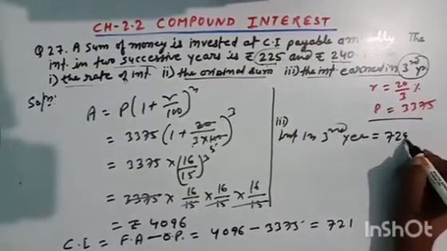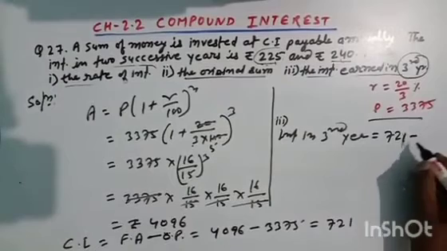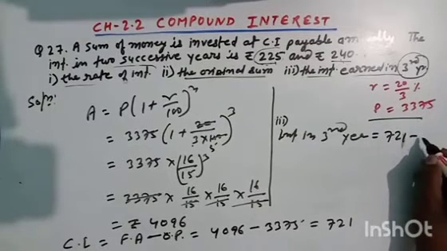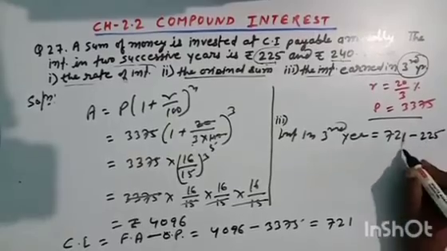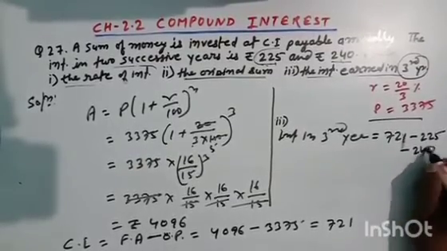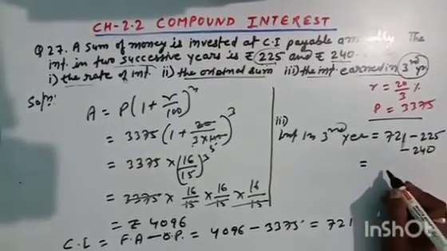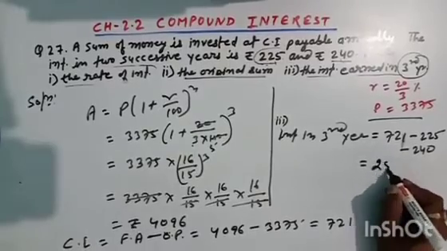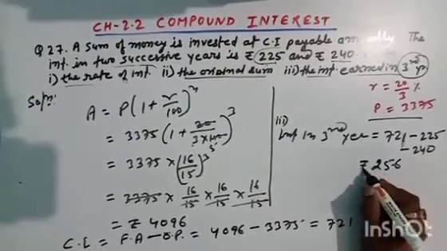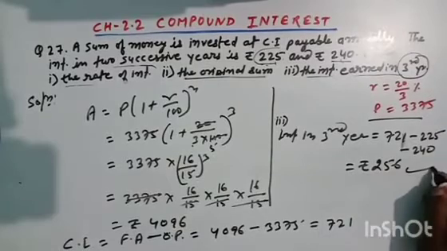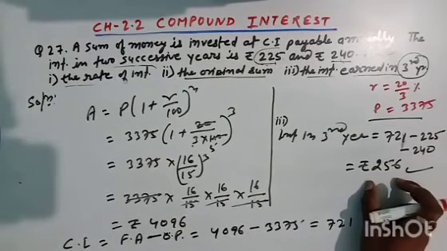So 721 minus 225 minus 240. When you subtract these two, you will get rupees 256. This is the interest earned in only the third year.